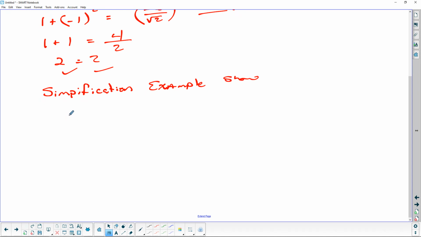that, let's say, secant squared x times cosine x divided by cosecant x is equal to, let's say, tan x.